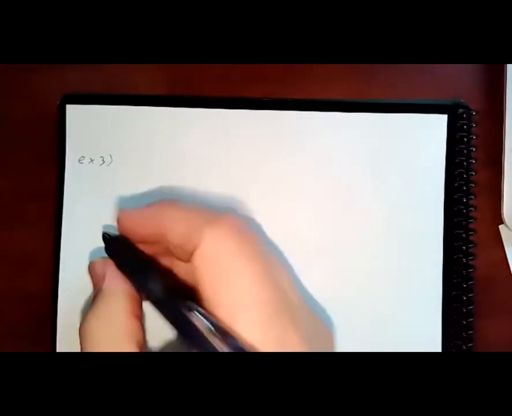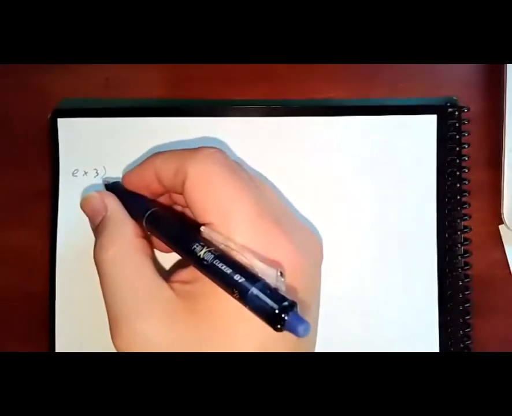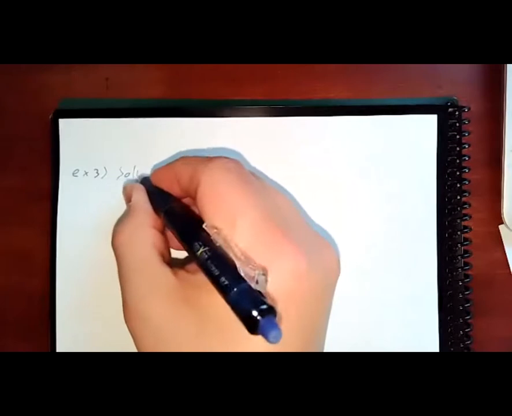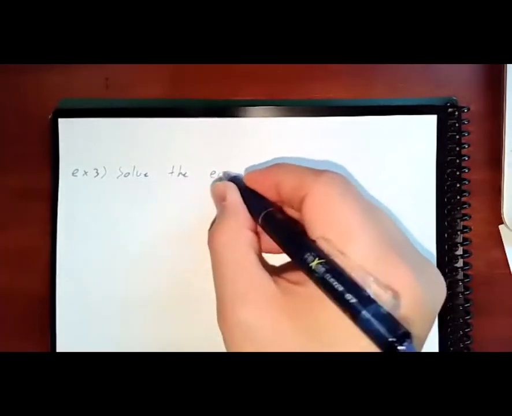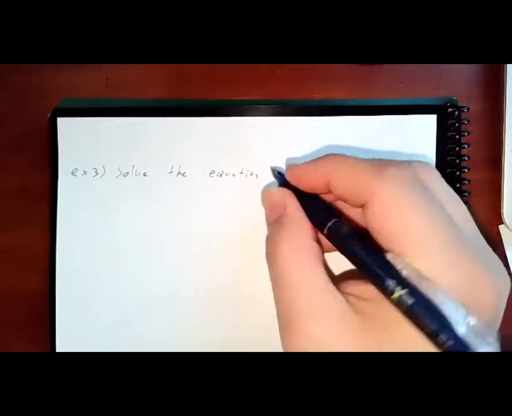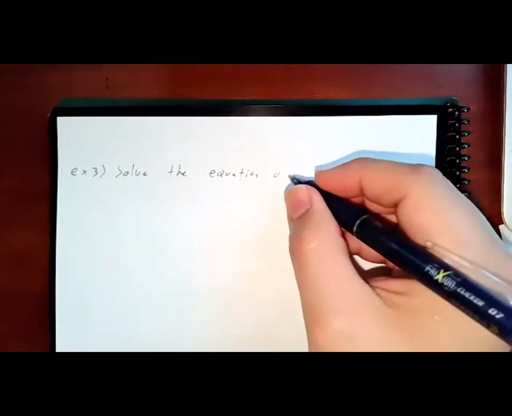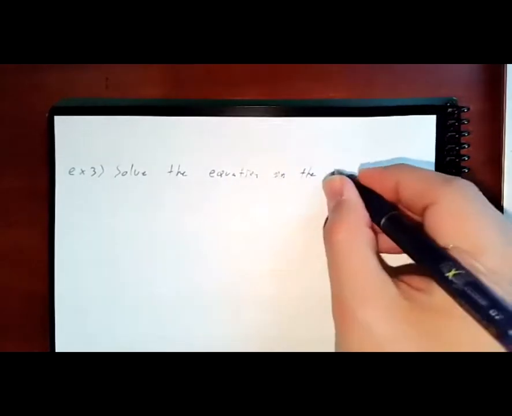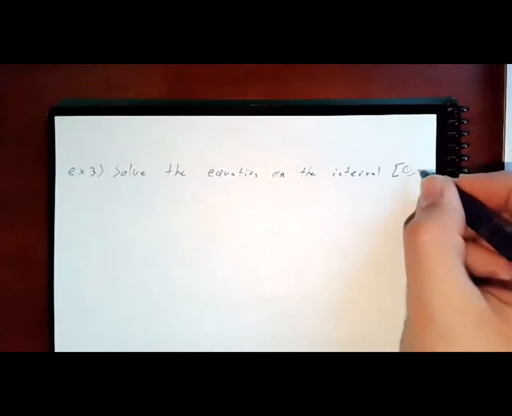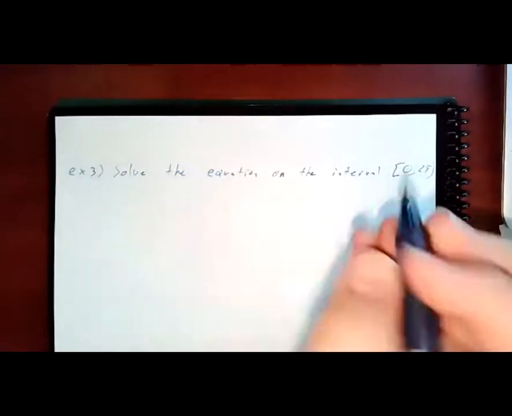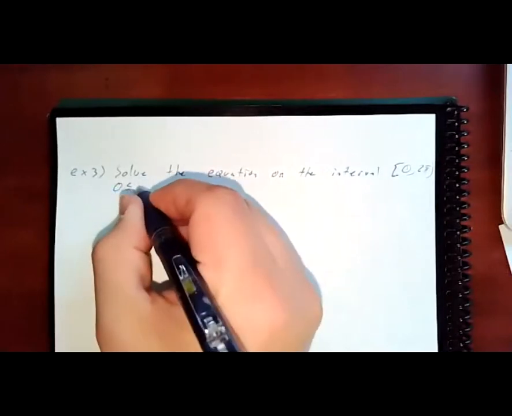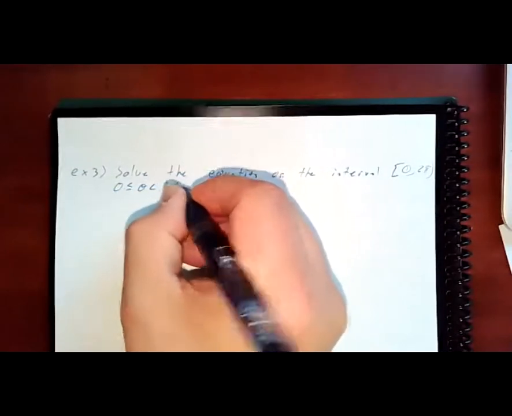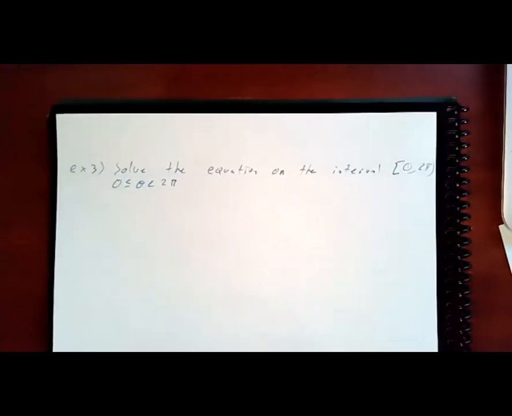We'll do a couple of these because when you have this over here, they're going to tell you to solve the equation on the interval. They're not going to have an A or B, but it helps to do the general solution first to guide you. On the interval 0 to 2 pi, or if you prefer. Number 8.